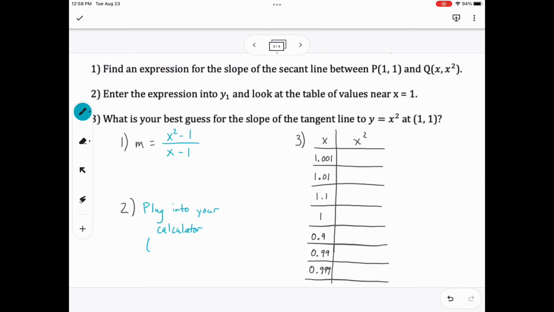We can plug that into our calculator and use the table on our graphing calculator to look at what the values are as we get closer and closer to that x value of 1.